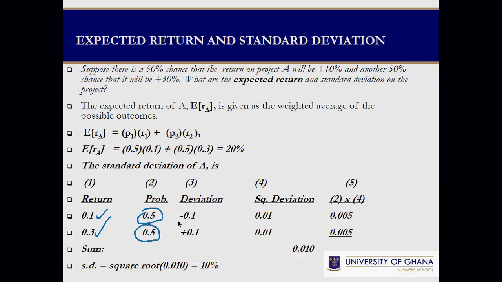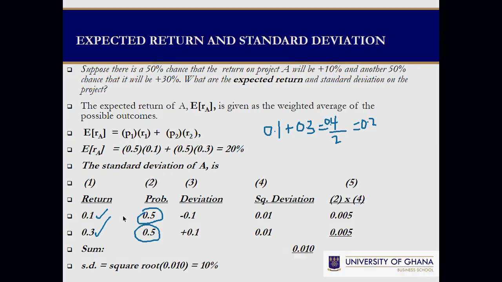If we want to get a deviation, we add the returns: 0.1 plus 0.3, which gives us 0.4. When we divide it by 2, we get a mean of 0.2.